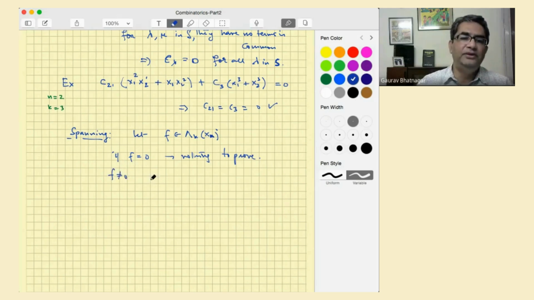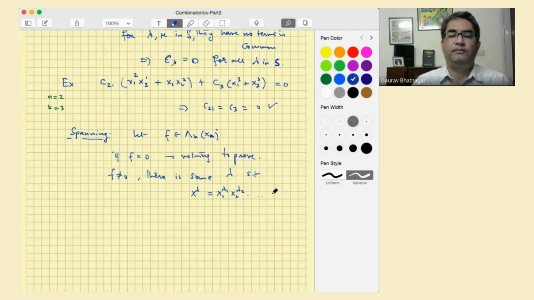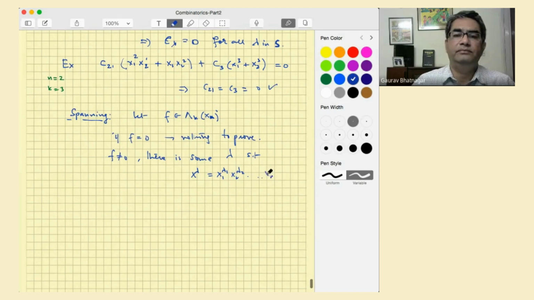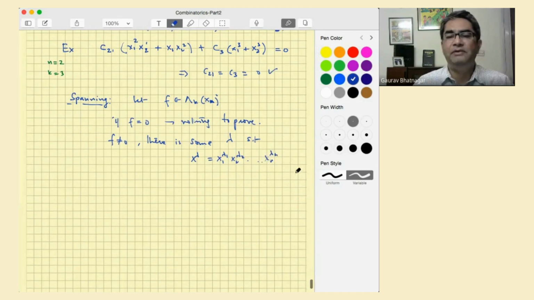If f is not 0, there is some non-zero term, some lambda such that x raised to lambda, which is x1 raised to lambda 1, x2 raised to lambda 2, and so on. Some of the lambdas may be 0.